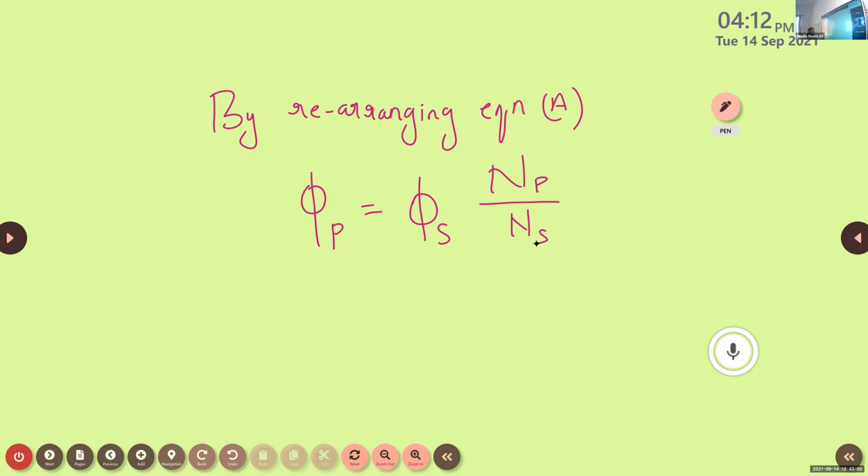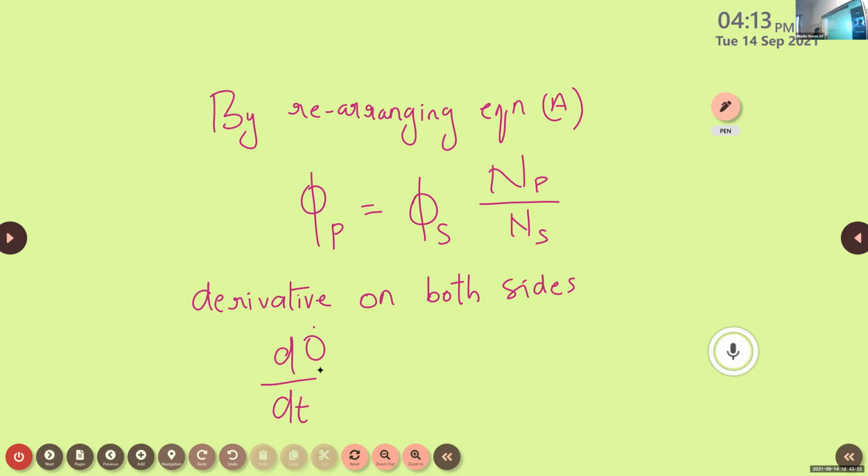Take the derivative on both sides. By taking the derivative on both sides, we get d by dt of phi P, that is, the rate of change of magnetic flux associated with the primary coil, is equal to d by dt of phi S into NP by NS.